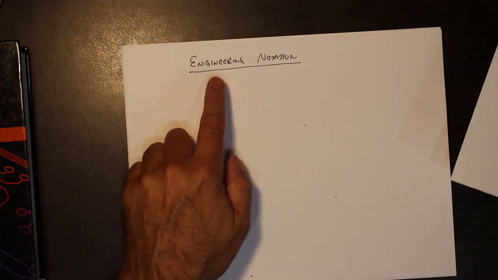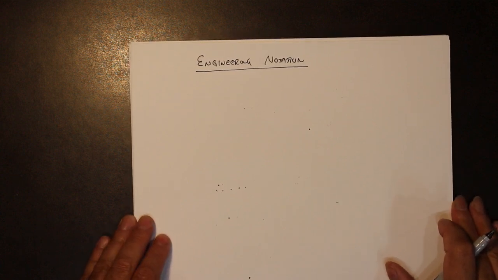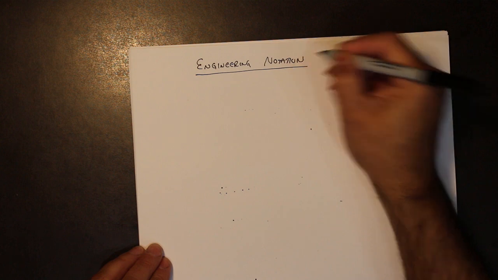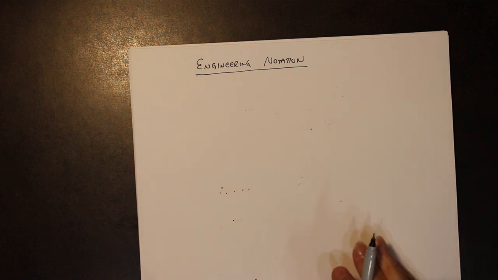What is engineering notation? Well, engineering notation is actually a specific set of scientific type notation numbers.